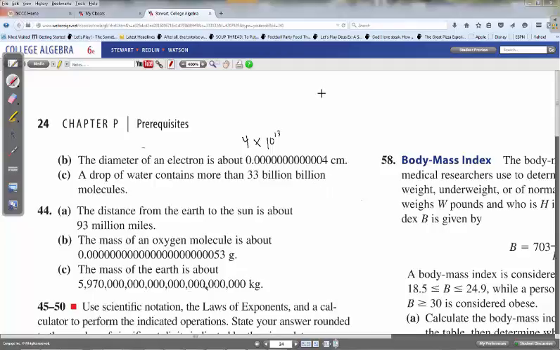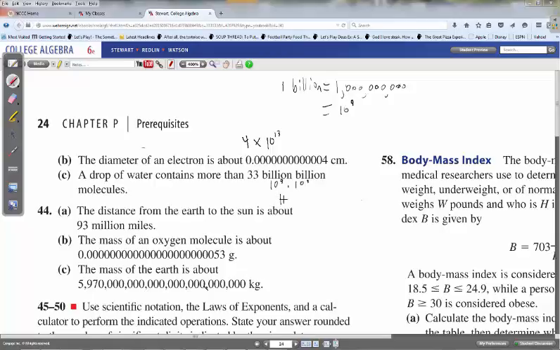Well, a billion is 1,000,000,000, or more easily 10 to the 9th. So if you have a billion billions, a billion billion would be 10 to the 9th times 10 to the 9th.